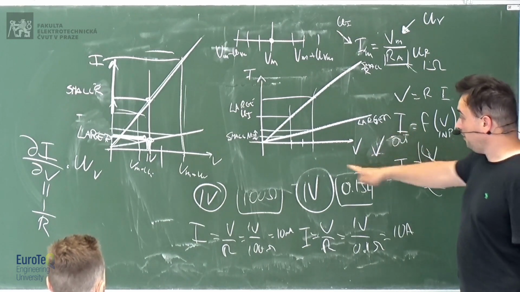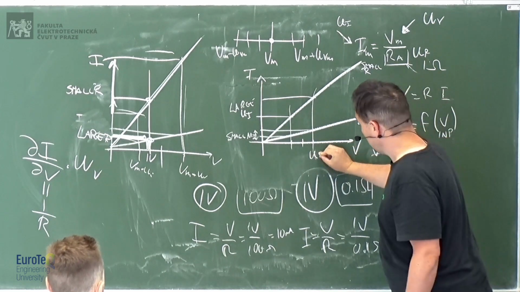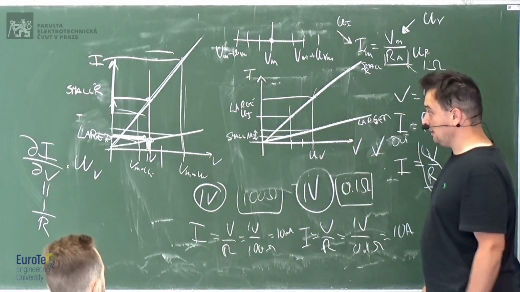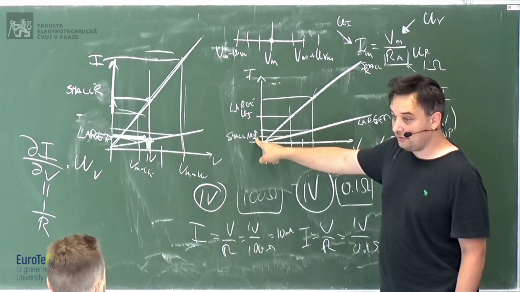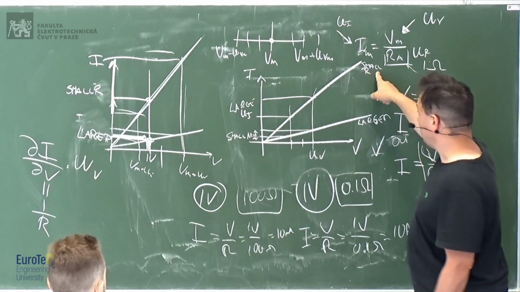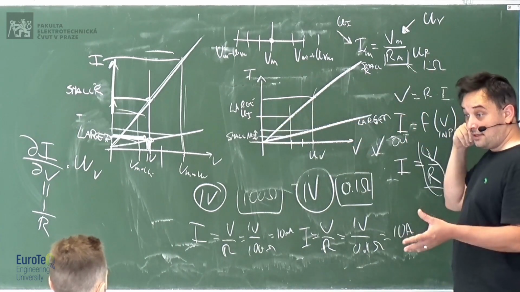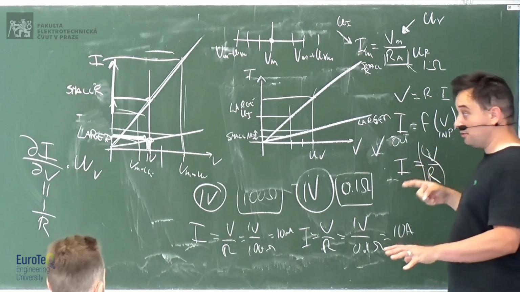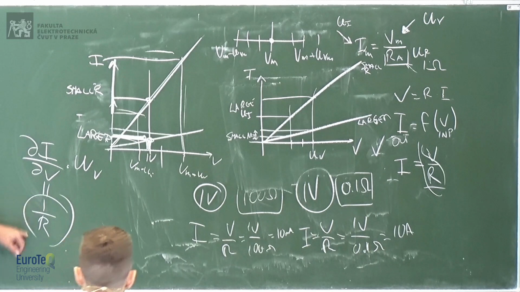So for the same value of uncertainty of voltage, if I have a large R, I have a small uncertainty of current. If I have a small r, I have a large uncertainty of the current. So it's vice versa. It's in opposite proportion. And that's exactly what you see there. It's 1 over r.